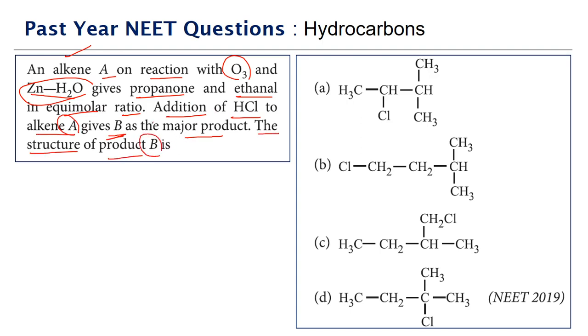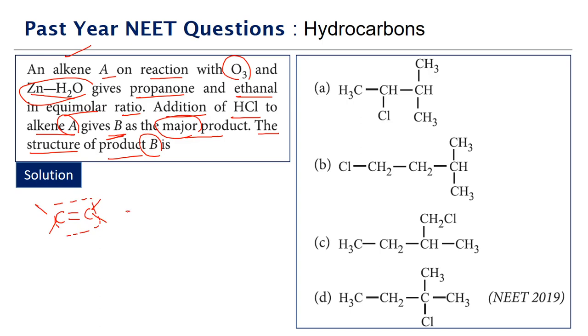So definitely the alkene A will have a double bond, and to that, when we are adding HCl, we have to look at the Markovnikov rule, and the Markovnikov rule is going to give us what is the major product. So first step is what we need to find: what is this alkene. Generally if you look at the alkene, we are focusing on just the double bond position.